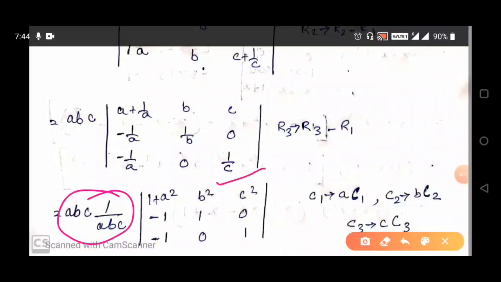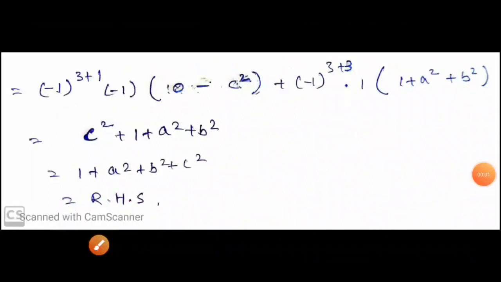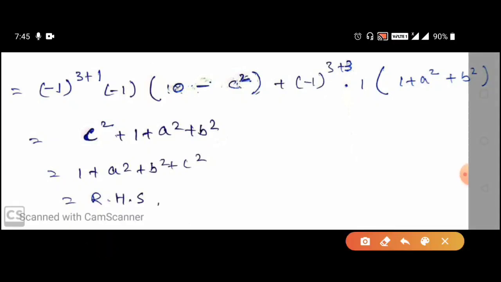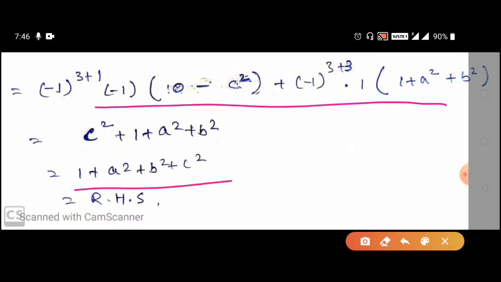Now we can expand the determinant. Now we have expanded the determinant along row 3. So after expanding the determinant along row 3, we will have the answer 1 plus A square plus B square plus C square, which is equal to RHS. So this is question number 14 of exercise 4.2.